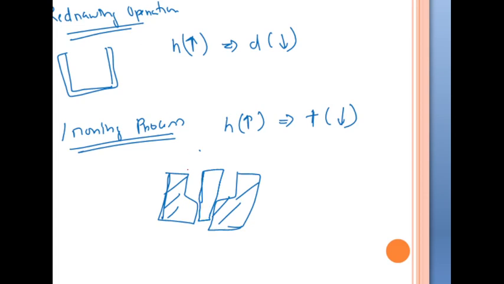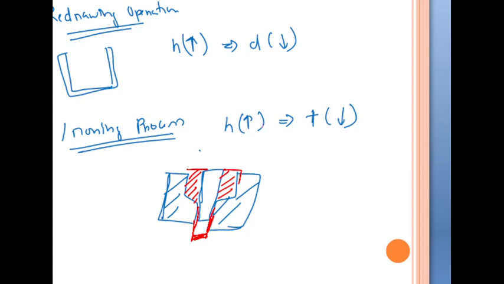The shell which was initially like this will get very small, that is, the height will increase but the thickness will decrease.